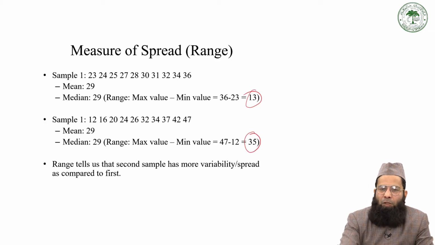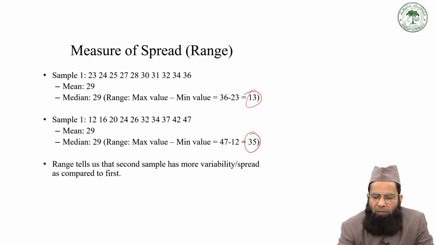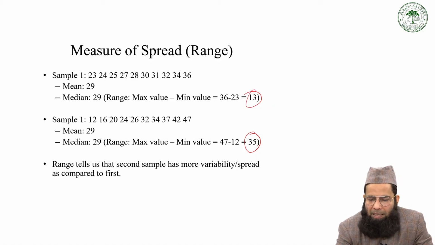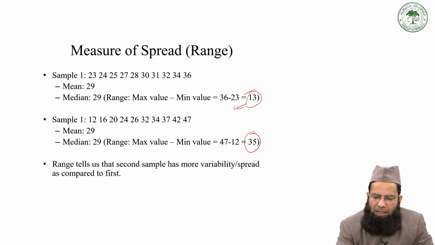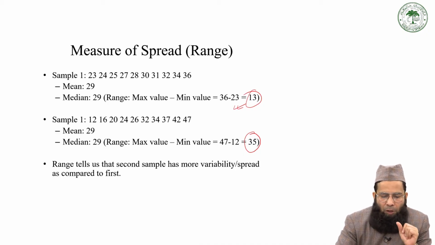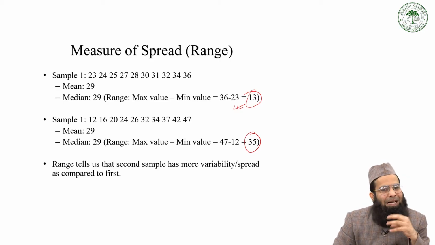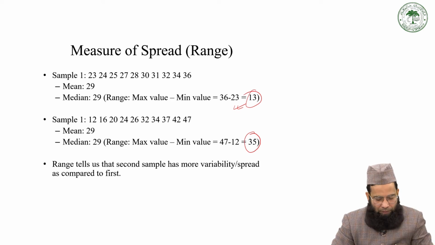After seeing these two values, I can observe that in the first sample the spread is very low, while in the second sample the spread is very high. So range tells us that the second sample has more variability and spread as compared to the first one.